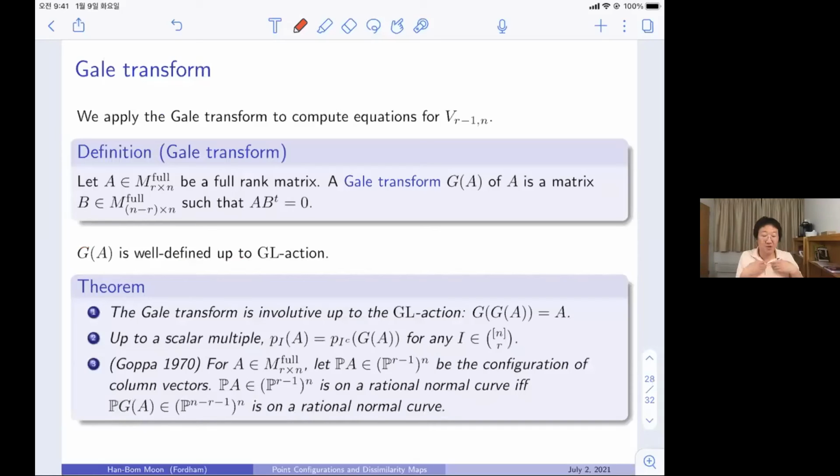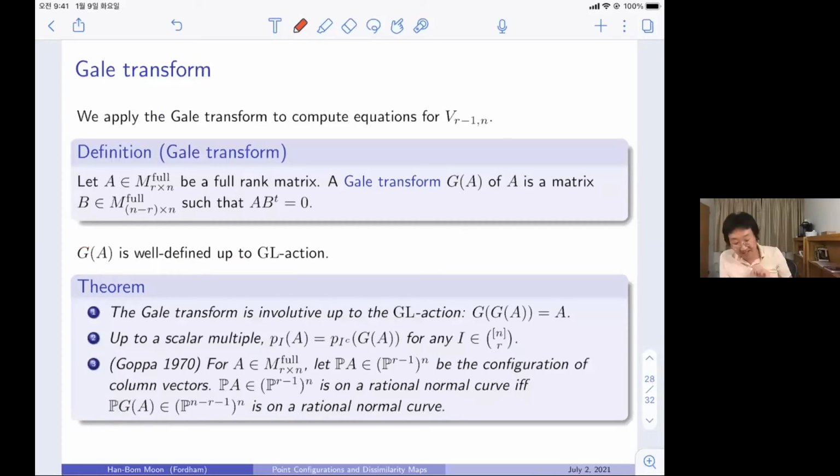Then we can compute the Plücker coordinate. For the Gale transform, you may compute the Plücker coordinate of the complementary index set. These 2 Plücker coordinates are essentially equal to each other; they differ only up to a scalar, which is independent of the choice of I.